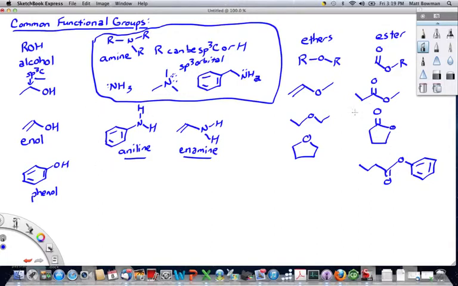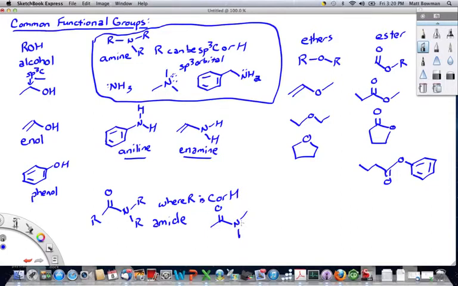Okay. While we're looking at these carbonyls, we have this pattern where R is a carbon or hydrogen, you have an amide. So this is an example of an amide.